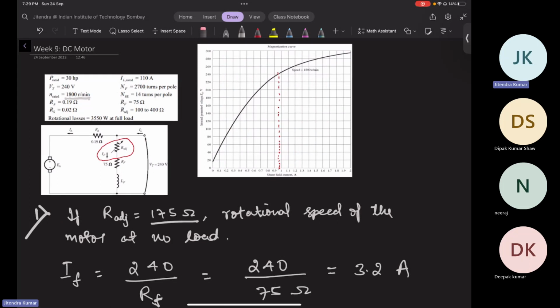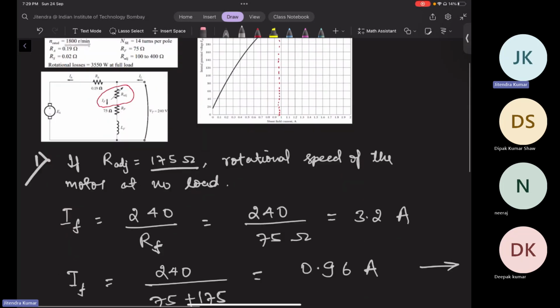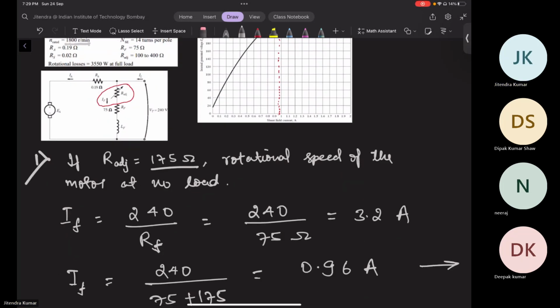So the thing is, in this question, at this field current, since we have reduced the field current, right? Since we have brought down the field current, we have certain limitations.